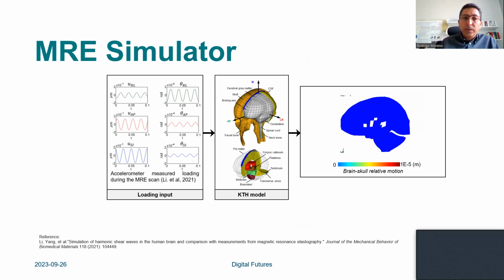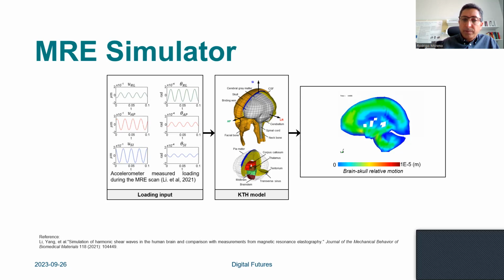So then we started with a very advanced one. We asked a colleague from the neuronic engineering department at KTH, and he created this very nice simulator that shows you how these waves are propagating in the brain.